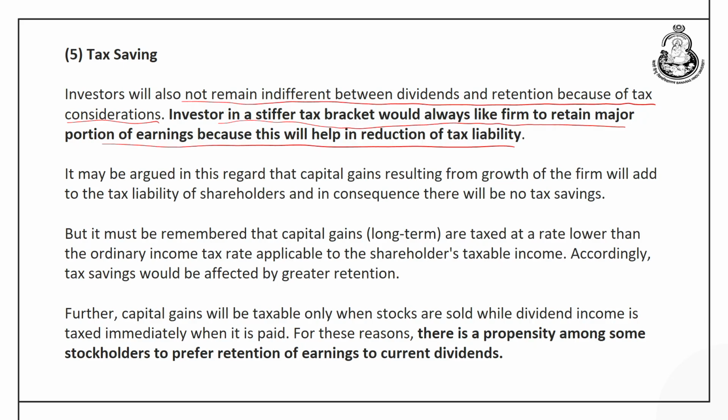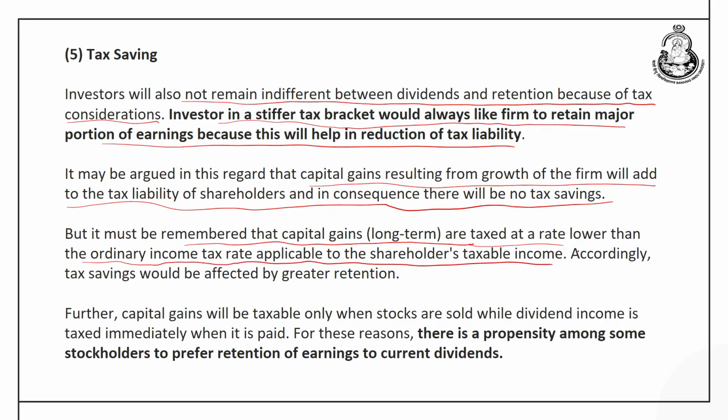And it is also true that the capital gain resulting from growth of the firm will add to the tax liability of the shareholder, and as a result there will be no tax saving. But this is not true, because we should remember that capital gain tax, which is levied on long term gains, is taxed at a rate lower than the tax on ordinary income received in the form of dividend.